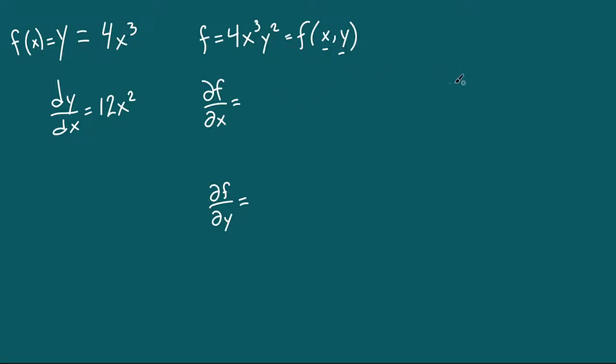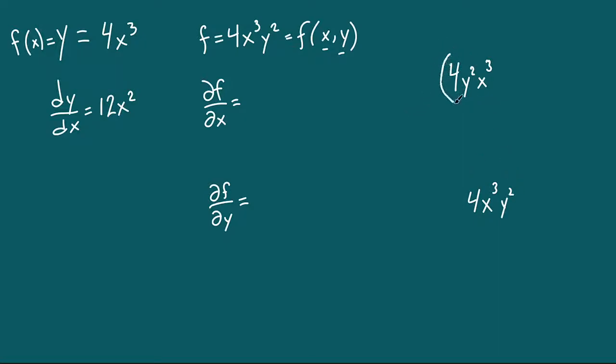So for example, I can rewrite the function as 4y squared times x cubed. Or I can write it as it is up there as 4x cubed y squared. So those are the same functions, right? Just moving things around.